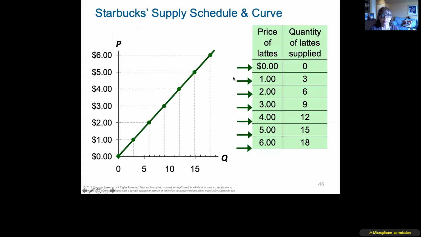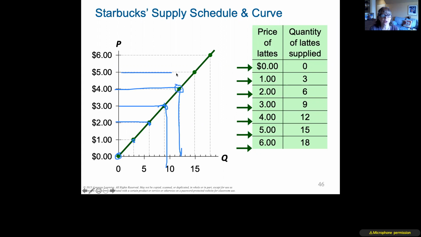We can take that and plot it. So we can say, okay, at a price of 0, Starbucks is going to supply 0. At $1, they're going to supply 3. At $2, they're going to supply 6. At $3, they're going to supply 9. At $4, they're willing to supply 12.